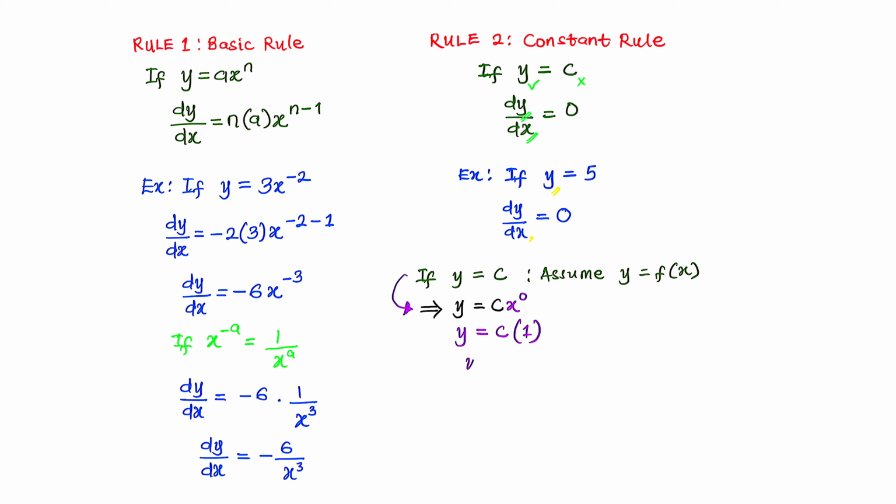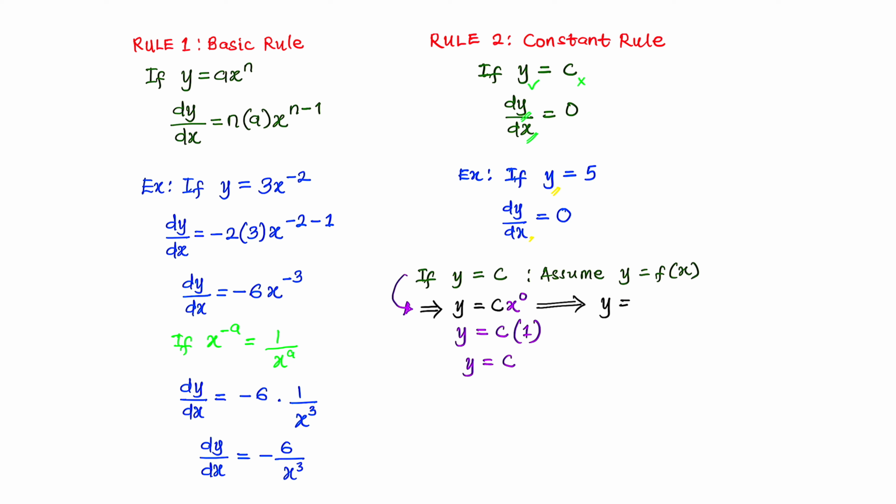Then we simplify, that's y equals c times 1 is c. So we can see that we have this consistency. Now, what is the purpose of us showing this? Let's go from this now.